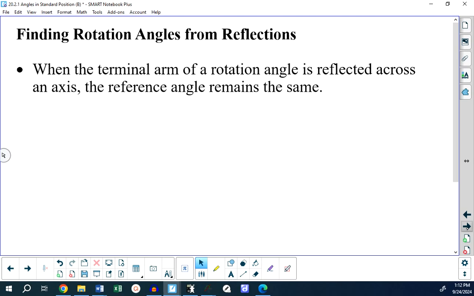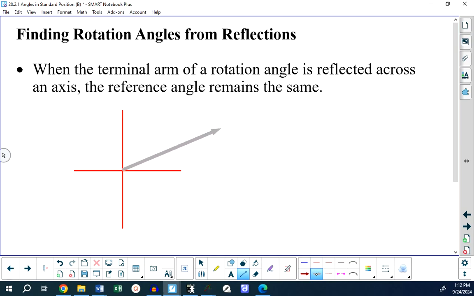For example, if I have this terminal arm, I shouldn't call it a rotation angle, I'm going to call it a terminal arm. So we're going to reflect that terminal arm, and I want to reflect it horizontally across this line. I think we know it's going to be going in this general direction.